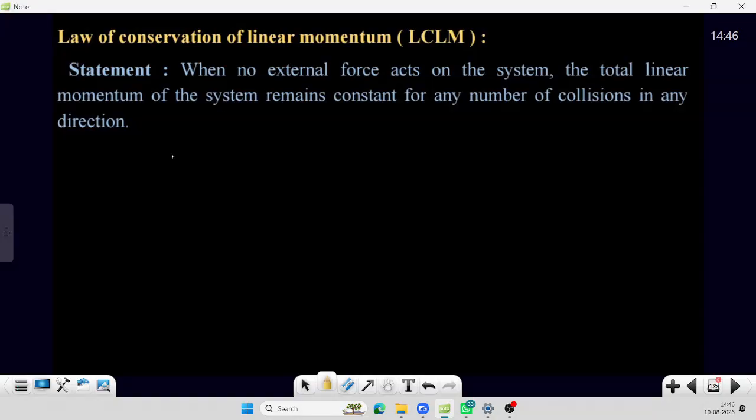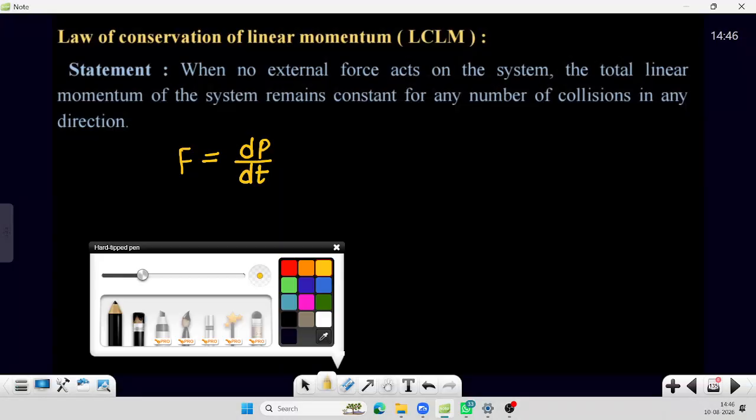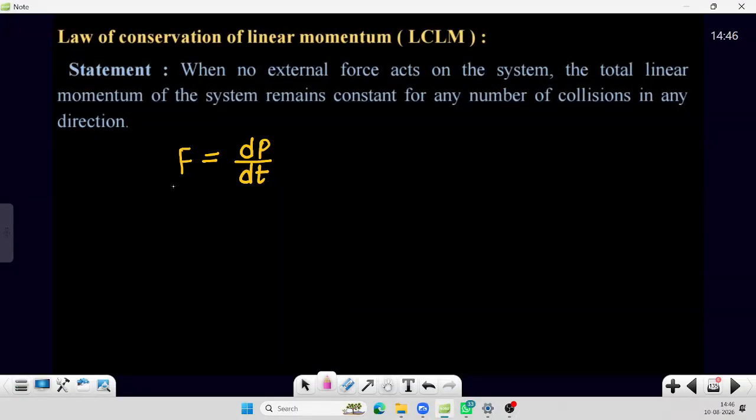As we have seen in Newton's second law, F is equal to what? dP by dt. Now if F is 0, what happens? If there is no force acting, then the right side term must also be 0.